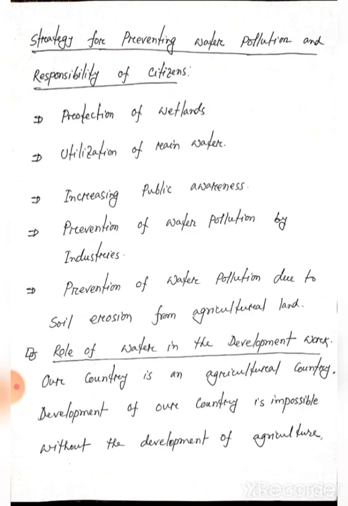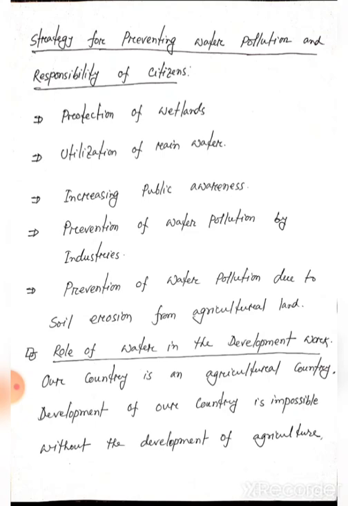So, the role of water in development work. We know our country is an agricultural country. Development of our country is impossible without the development of agriculture. So a country's development depends on agriculture. The main reason is that we are living in an agricultural country.